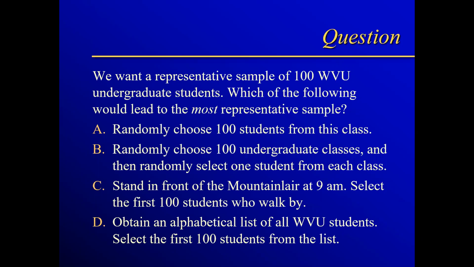Can someone tell me why A wouldn't be the best way to go about getting participants? Why would that not lead to a representative sample of WVU students? I thought it's because we are all in a psychology class, so it's not very generalized.